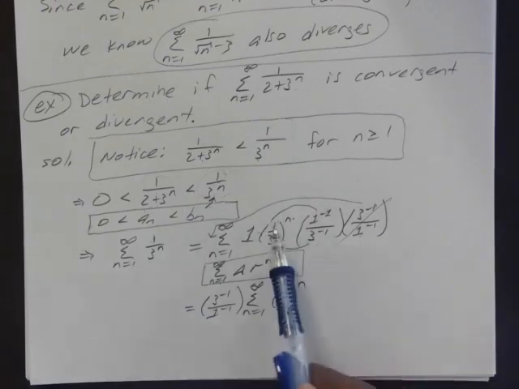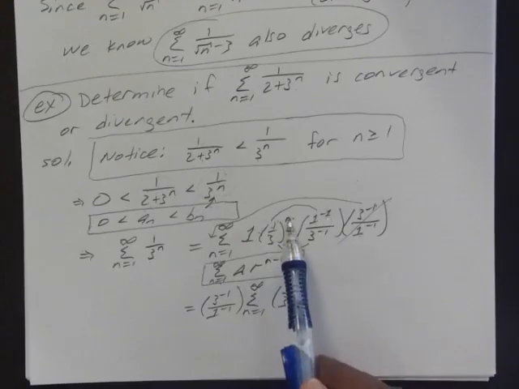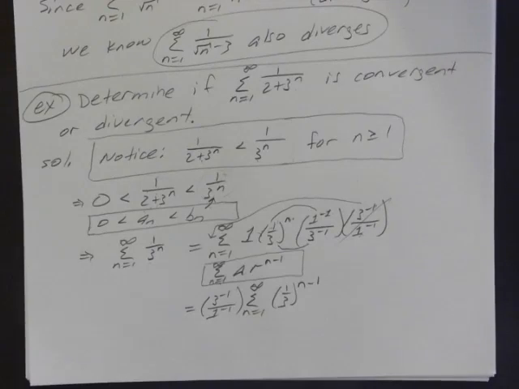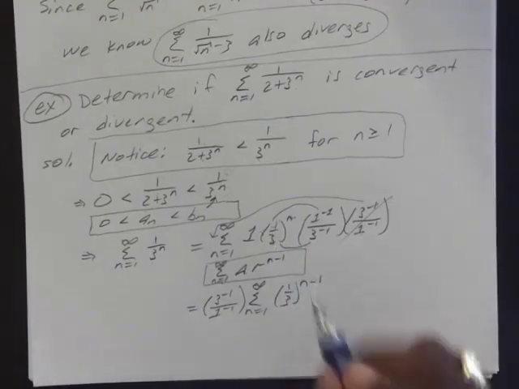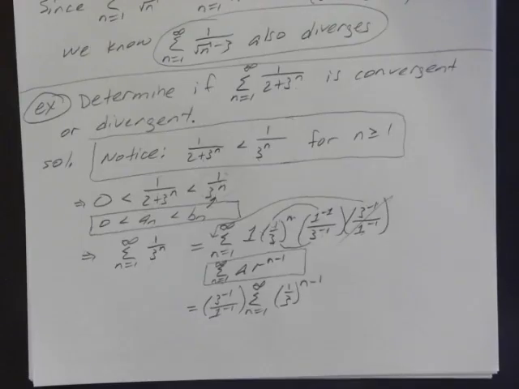Okay, so if we have 1 to the power of n times 1 to the power of negative 1, that's 1 to the power of n minus 1. If we have 3 to the power of n times 3 to the power of negative 1, that's 3 to the power of n minus 1, not negative n. So we can just rewrite that way.